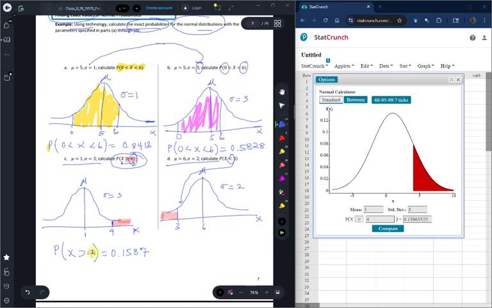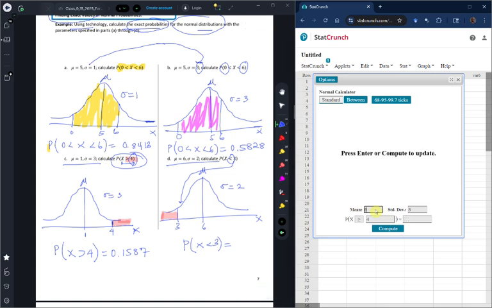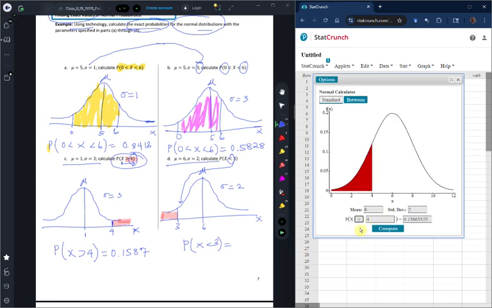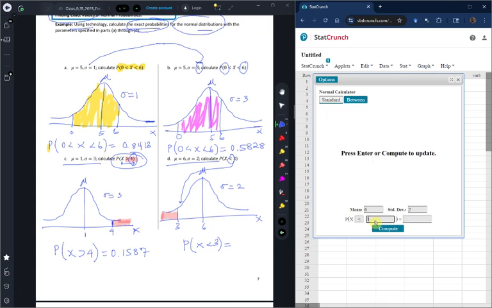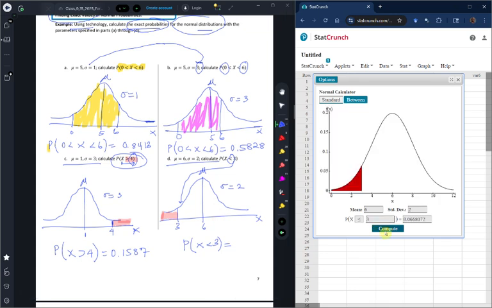I can find that area in exact terms by heading over to StatCrunch and keying in the parameters for the normal distribution, which is 6, and the standard deviation is 2, and I'm interested in the area to the left of, less than 3, and compute. So this will be 0.0668.